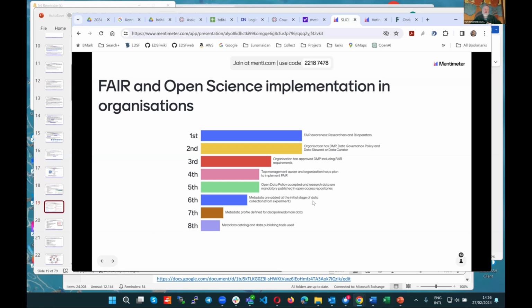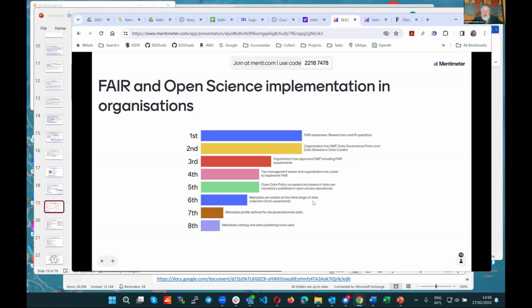Okay, so what we can understand from this poll is that people know about FAIR, which is good. In the next slide, besides talking about what FAIR means, I will also try to explain the technical problems of implementing FAIR, and you can understand why it is not much implemented until now.